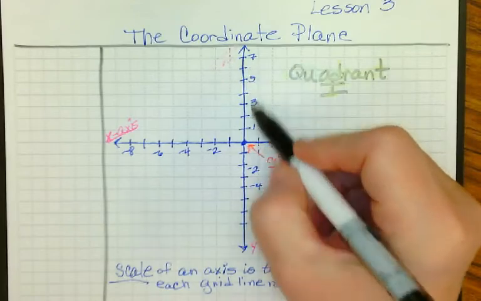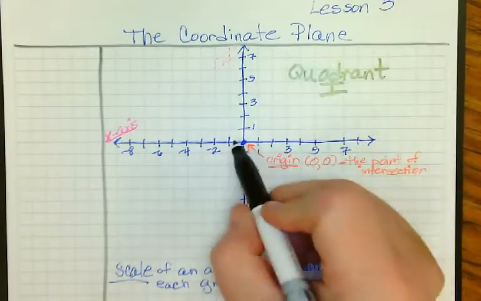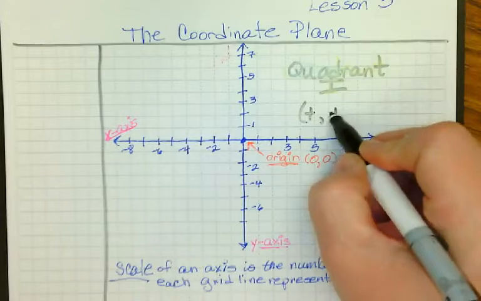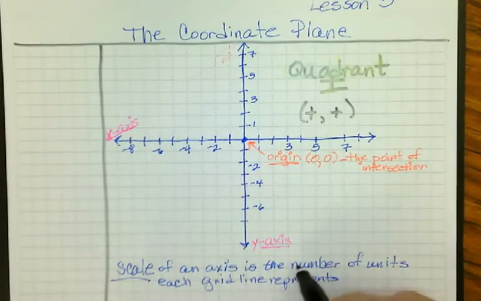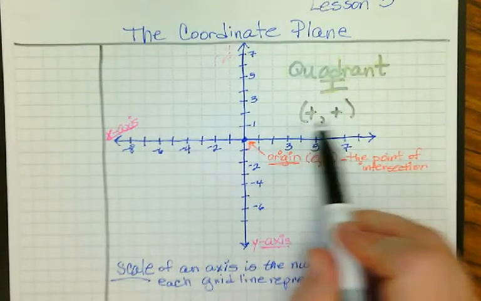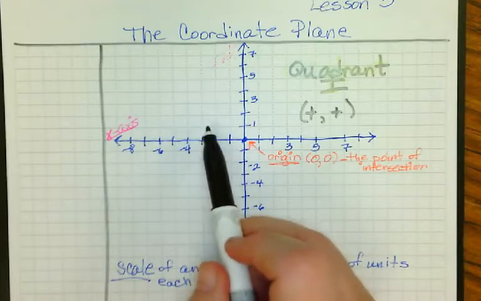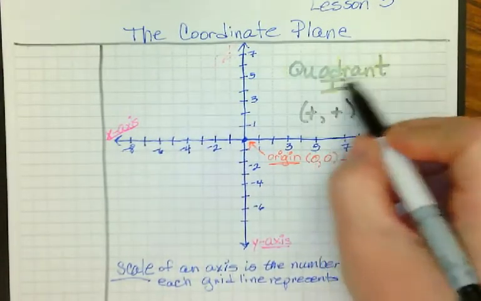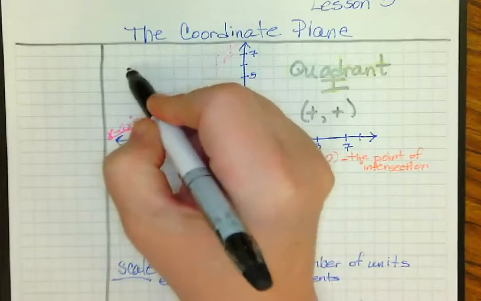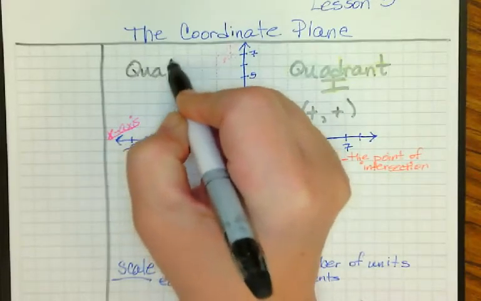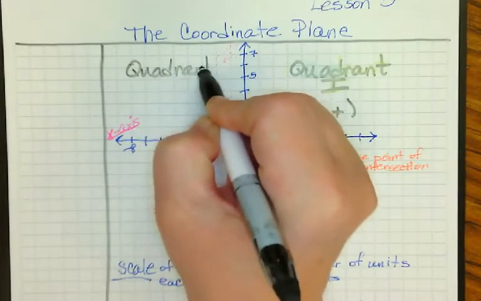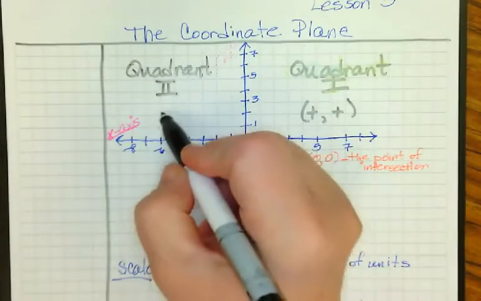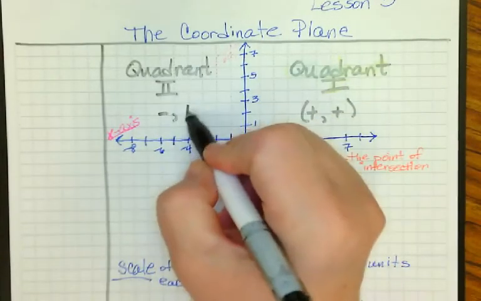And we can see that we have positive and positive. So my x is positive and my y is positive. I don't really care if you remember that this is positive, positive, and this is negative, positive, and all that, but I do need you to know that this is quadrant 1. This is quadrant 2, and you can see that on the x it's negative, and on the y it's positive.